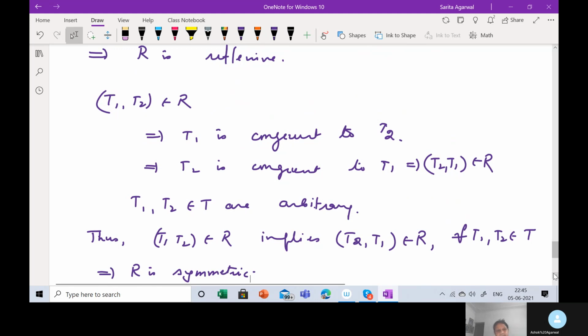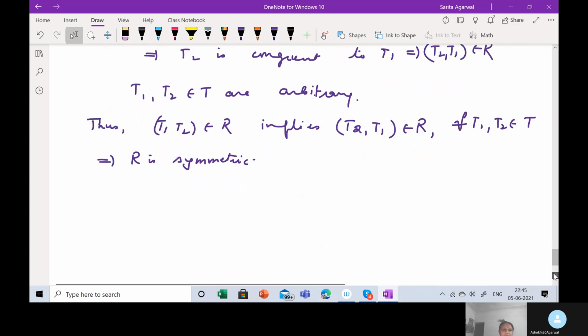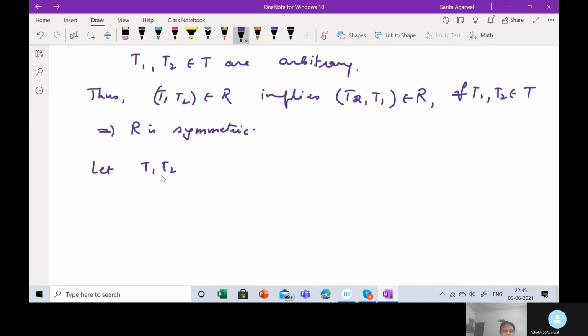Third is, let (T1, T2) and (T2, T3) belong to R. Right?